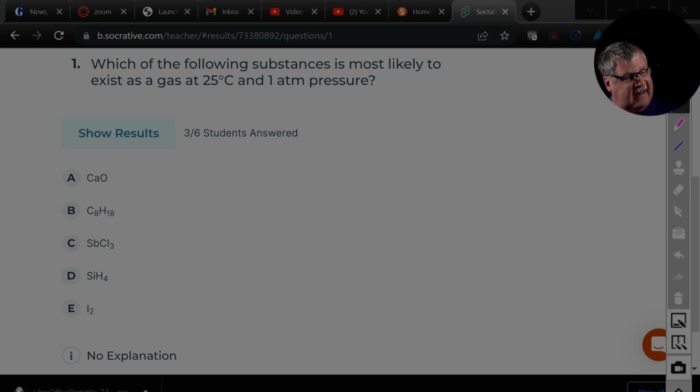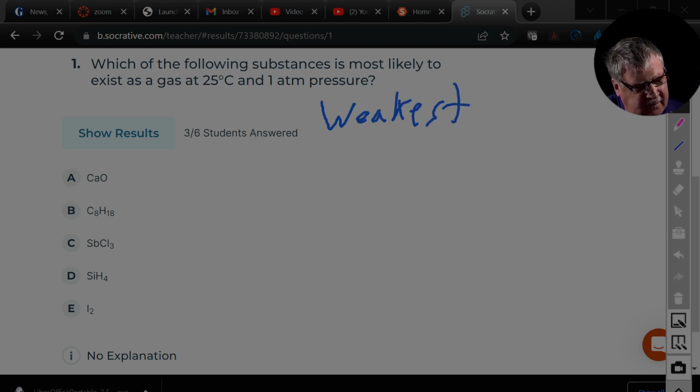So, if something is a gas at room temperature and room pressure, what does that suggest about it? Is it going to have strong intermolecular forces or weak intermolecular forces? Okay, so what we're thinking about here is a substance that has the weakest intermolecular forces.